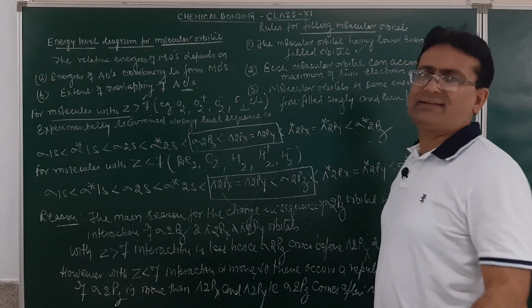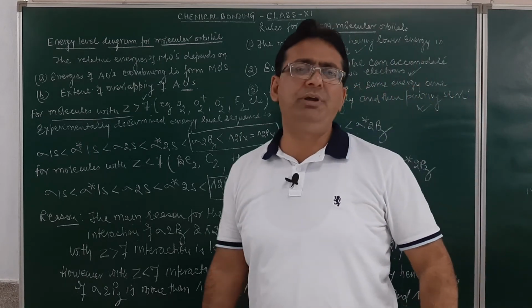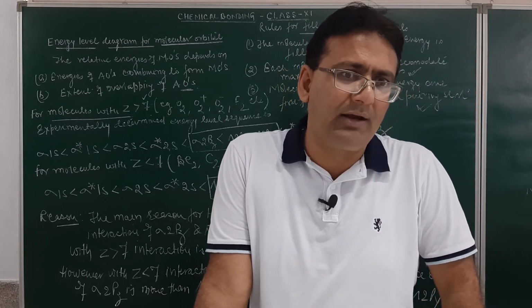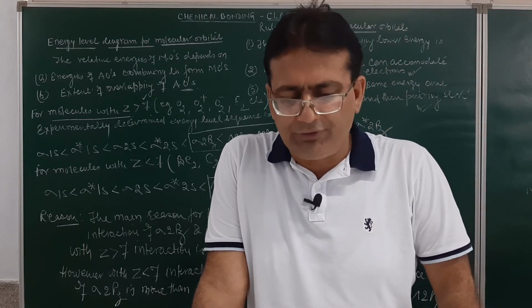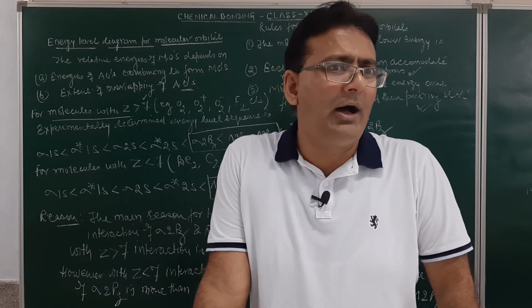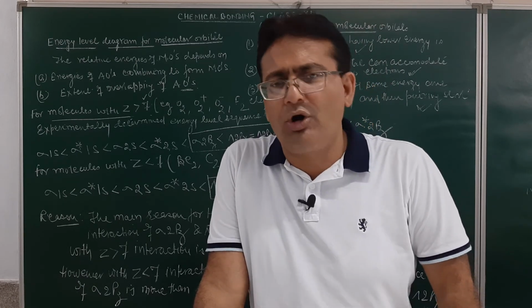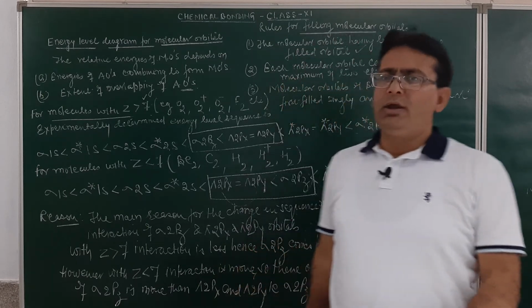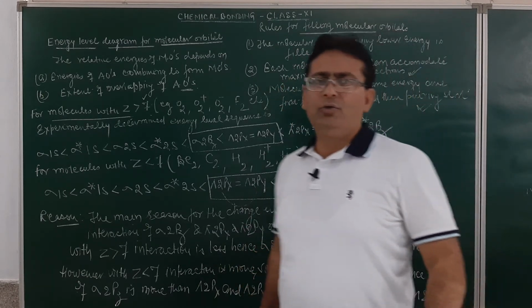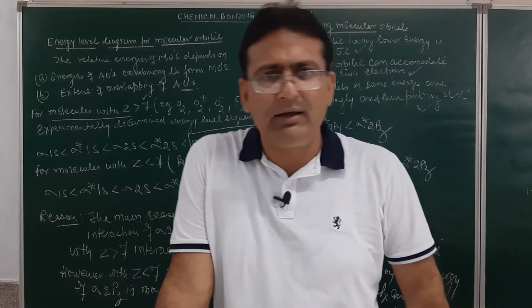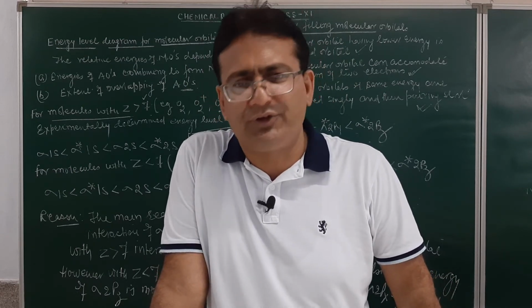I will make this lecture part A. In part B of this lecture, I will explain how to make molecular orbital diagrams and how to ascertain whether the molecule will exist in nature, I mean whether it is stable or unstable.